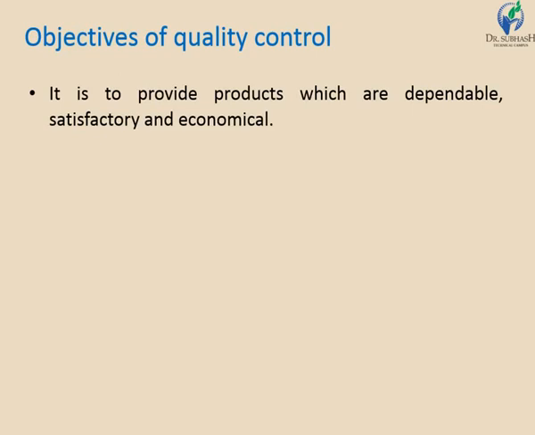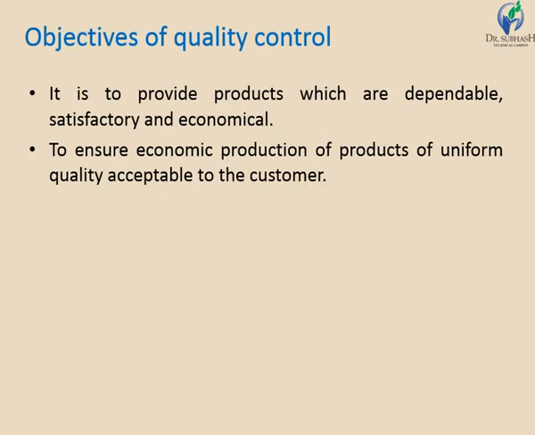So the first objective is to provide products which are dependable, on which the customers can trust, satisfactory, so the functions or requirements of customers must be met, and also economical, which means the customers can buy because it is an economical product. Second, to ensure economic production of products of uniform quality acceptable to the customers.